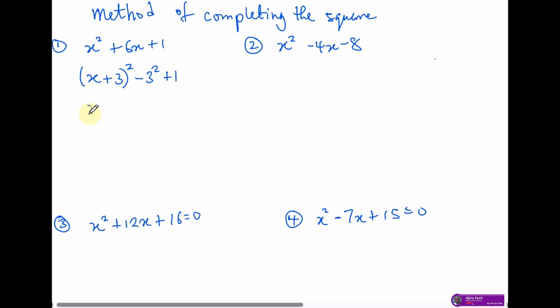Therefore, we have x plus 3 squared minus 9 plus 1, that is x plus 3 squared minus 8.